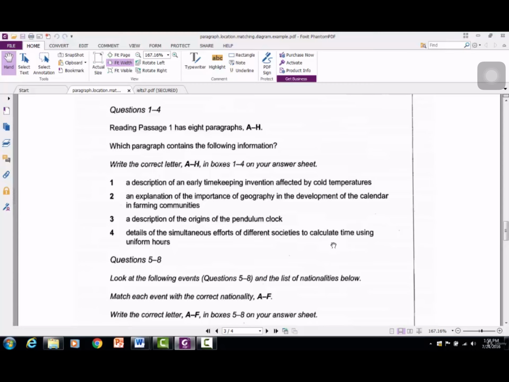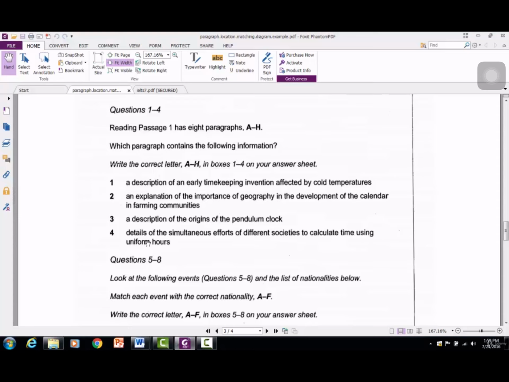And number 4, simultaneous efforts. Simultaneous means doing things at the same time. Simultaneous efforts of societies and using uniform hours. Those are the keywords that I'm going to circle, and keep in mind while I'm doing the other questions.